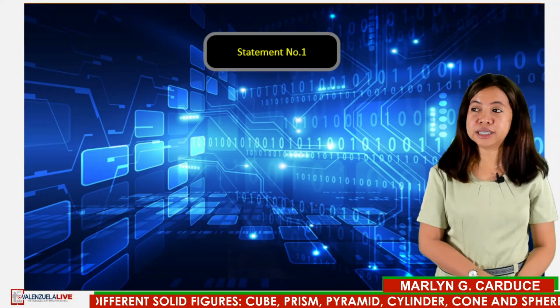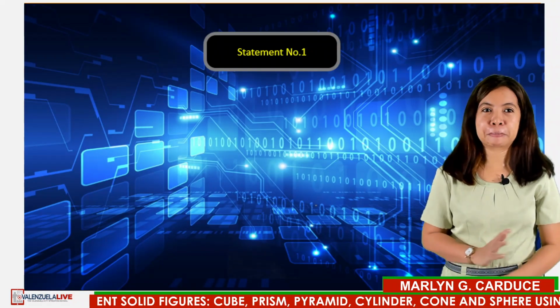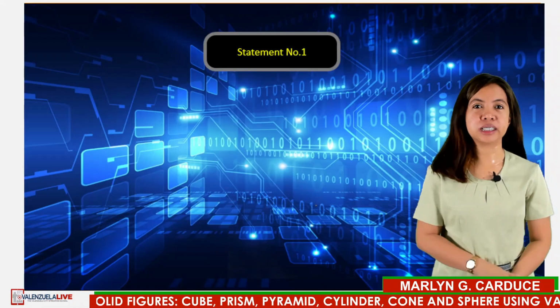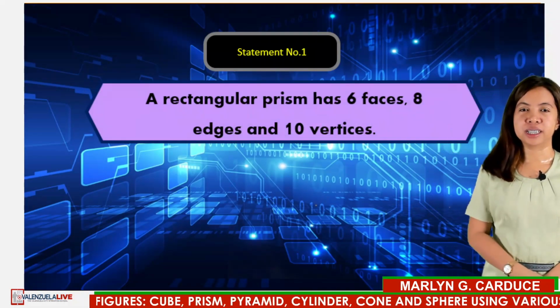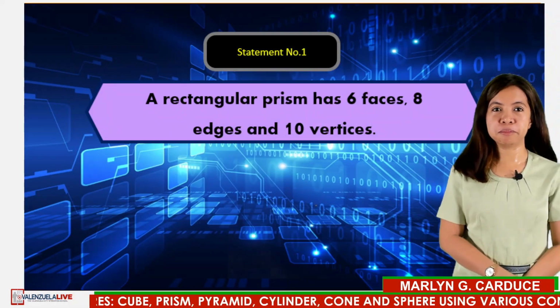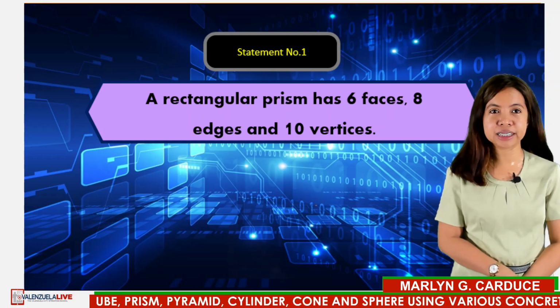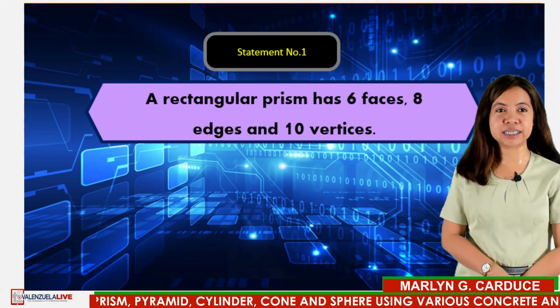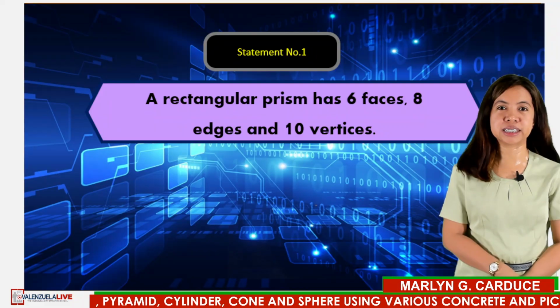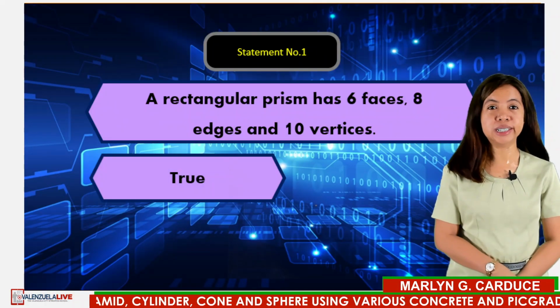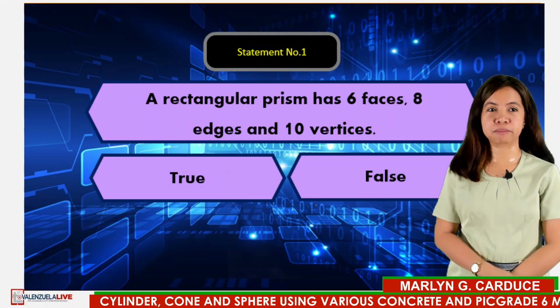Okay, for our first statement, a rectangular prism has 6 faces, 8 edges, and 10 vertices. Is it true or false?